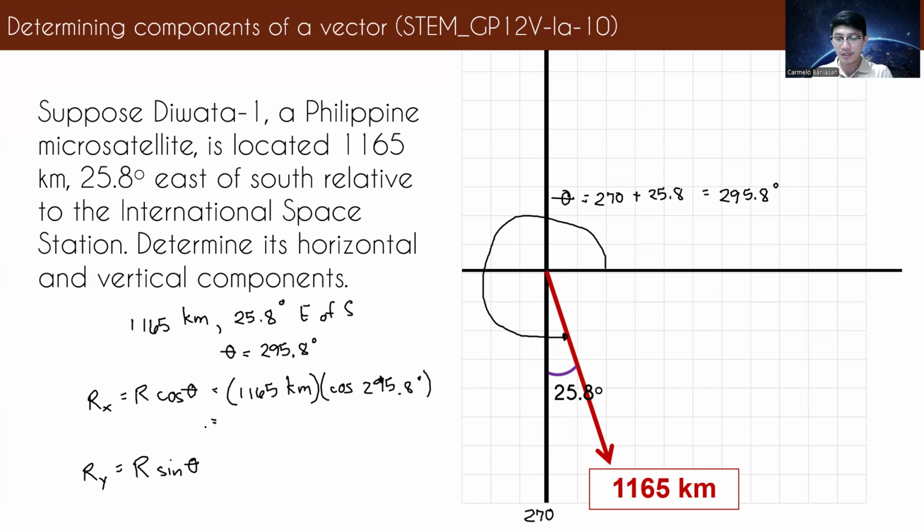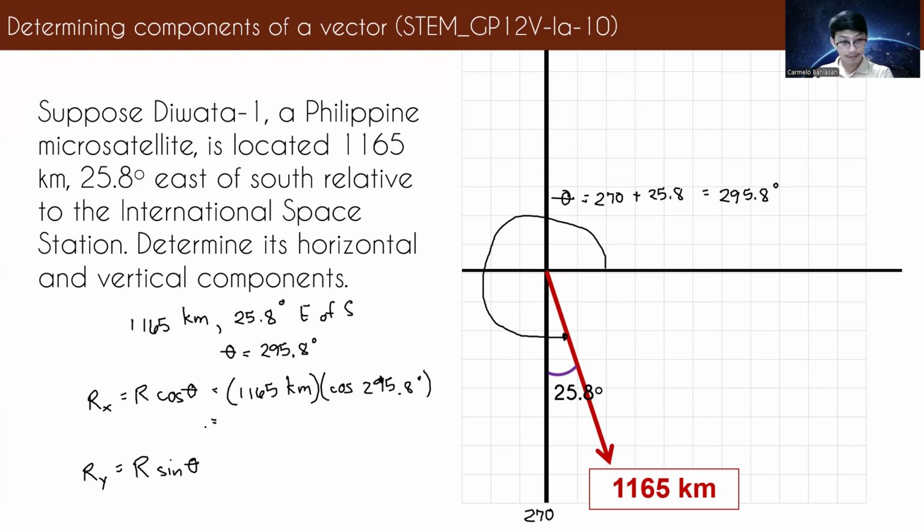By the way, if you are using a scientific calculator, make sure that your calculator is in degree mode. You can see it's in degree because on the top of your calculator, there's deg there. Otherwise it might be in radian, and you will get an error.